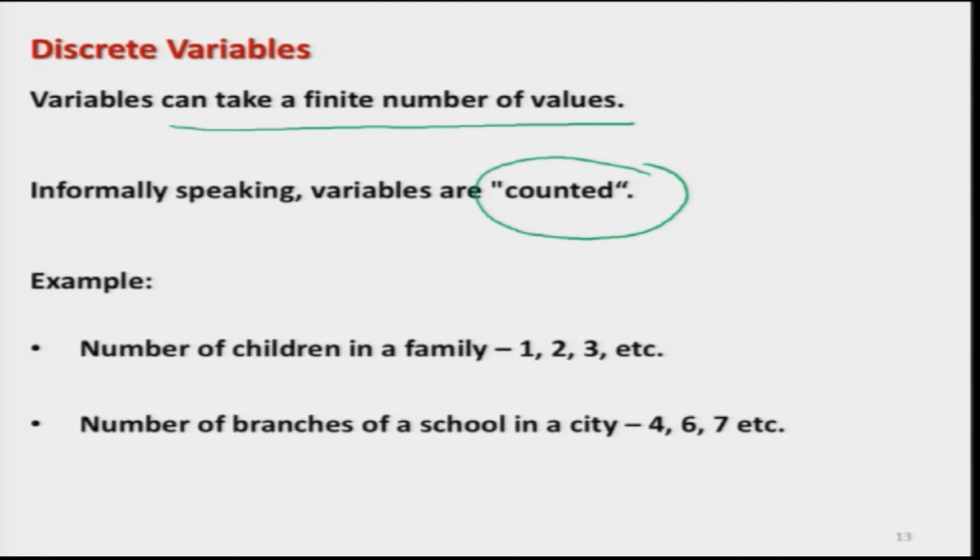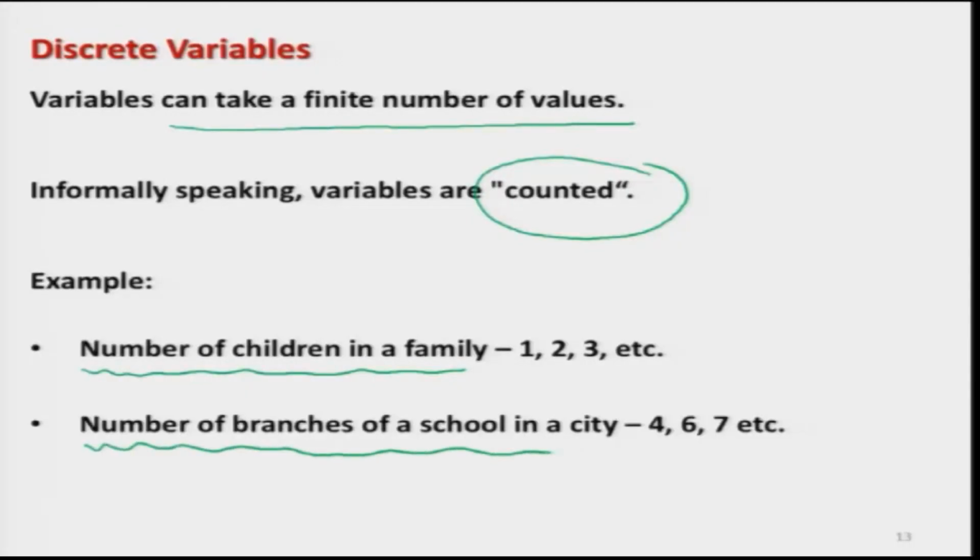For example, if I want to find the number of children in different families, this number can be 1 child, 2, 3 and so on. It cannot be that a family has 1.2 children or 2.4 children. These values will not exist or they will not have any interpretation. So, in this case I am simply trying to count the number as a whole number.